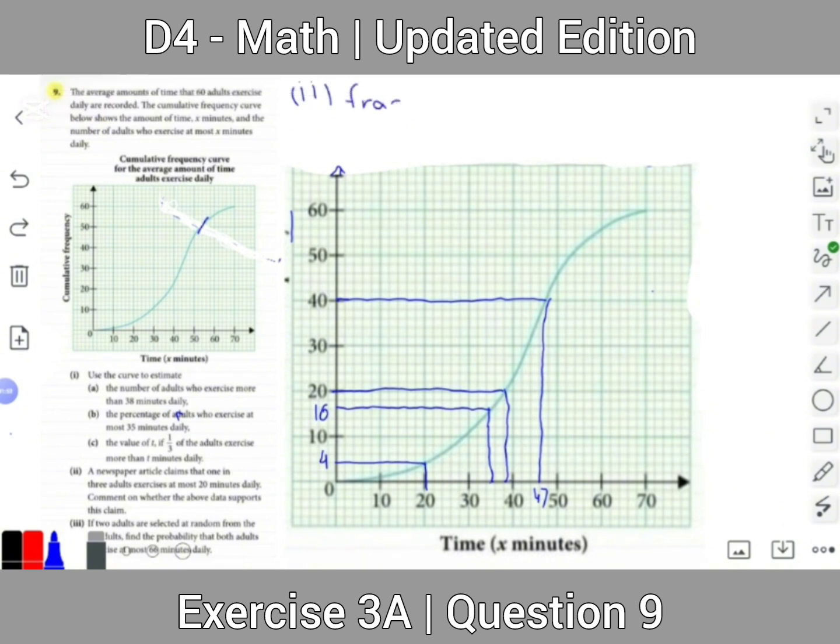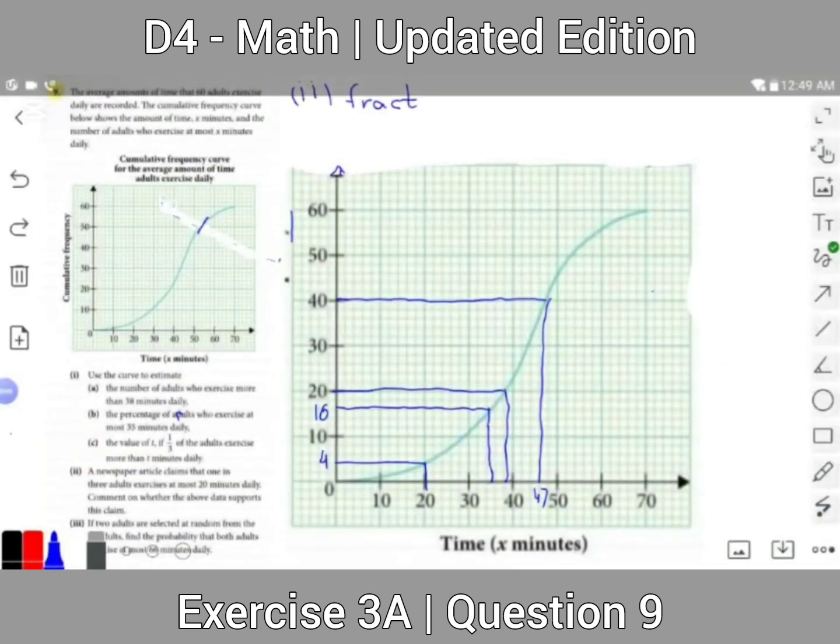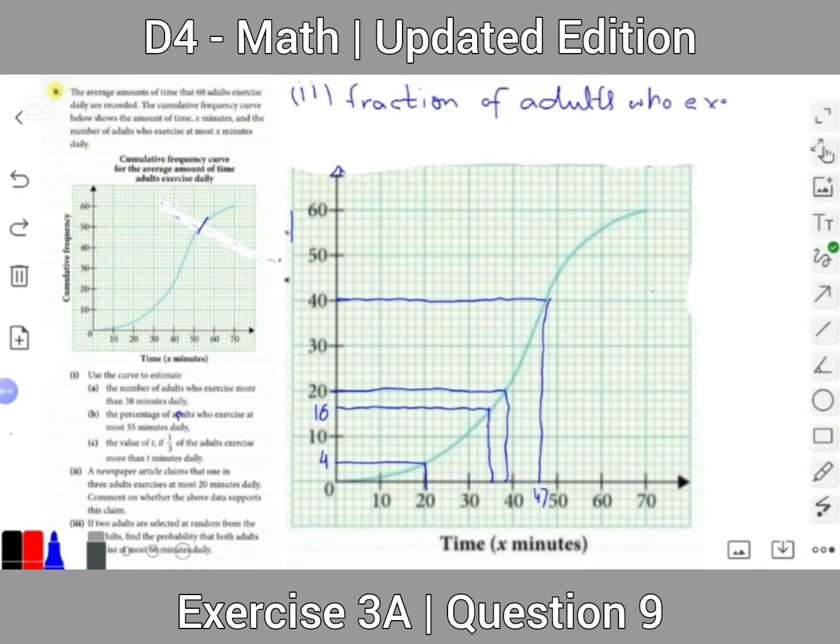So the fraction of adults who exercise at most 20 minutes daily is equal to the number of adults who exercise at most 20 minutes daily, which was 4, over 60.